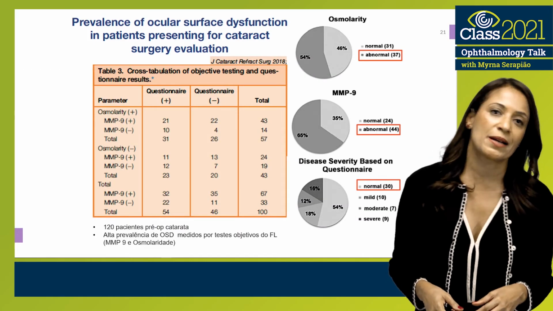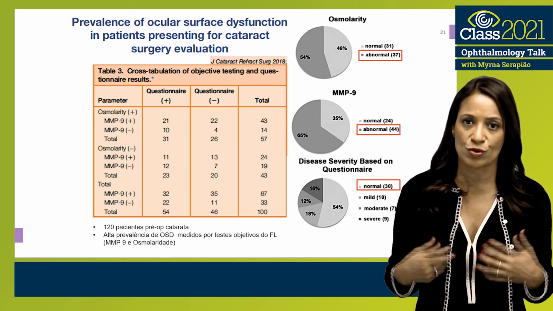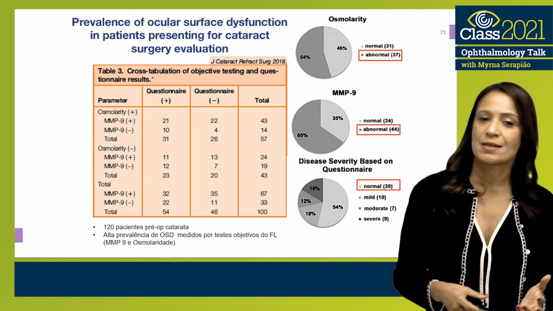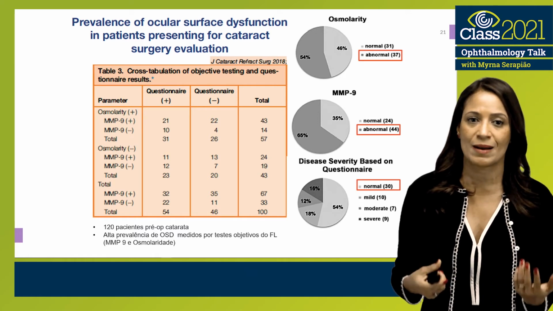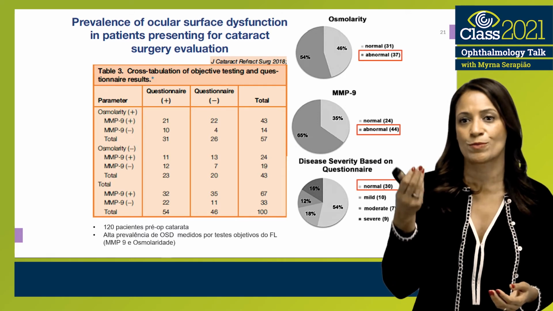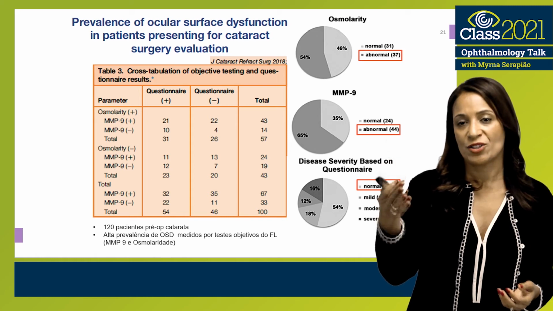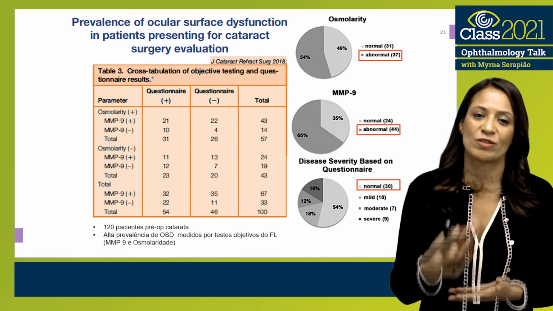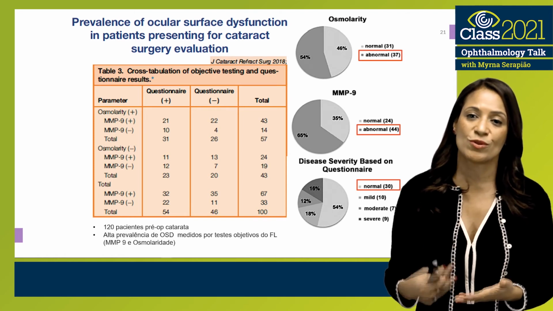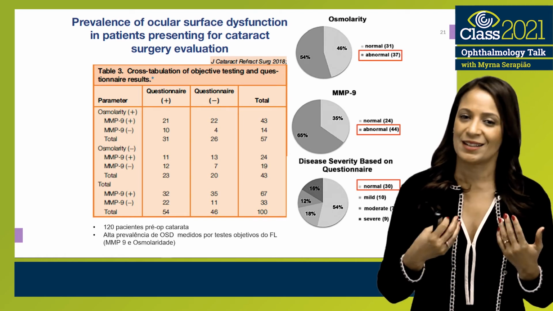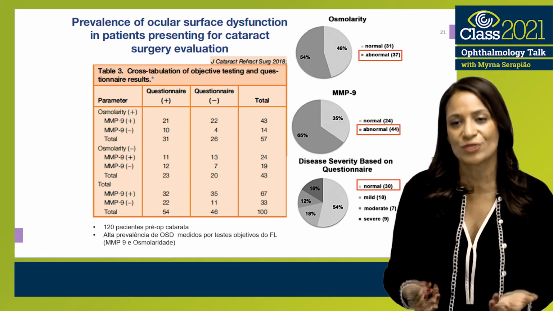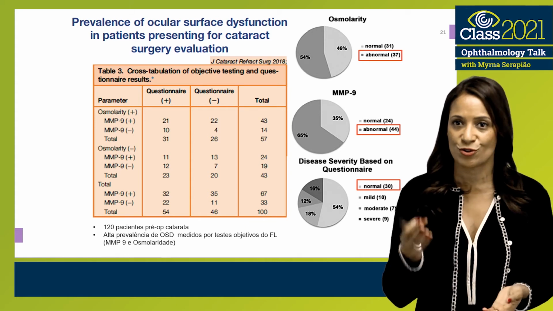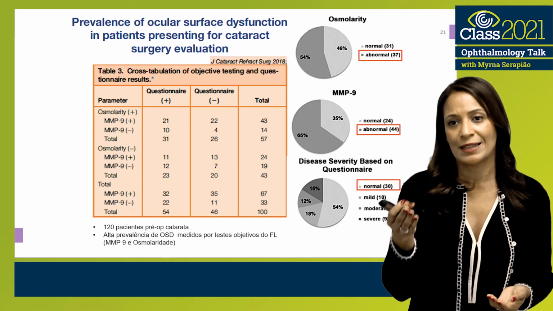There are studies showing the incidence and prevalence of dry eye in these patients in the pre-operative period for cataracts. Now, diagnosis of dry eye patients pre-operatively with aggressive treatment has been shown to produce fewer symptoms post-operatively. This study shows the association of osmolarity with metalloproteinase, with a very high prevalence in the pre-operative period of cataract surgery.